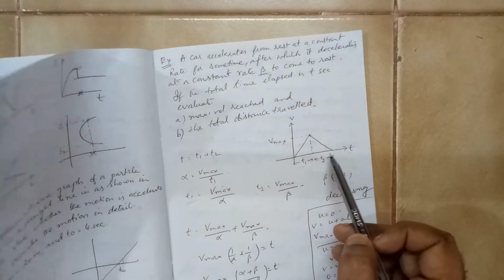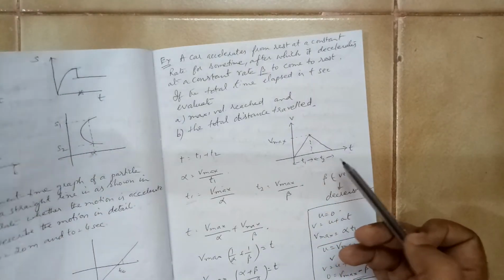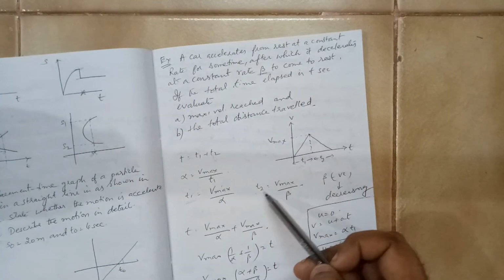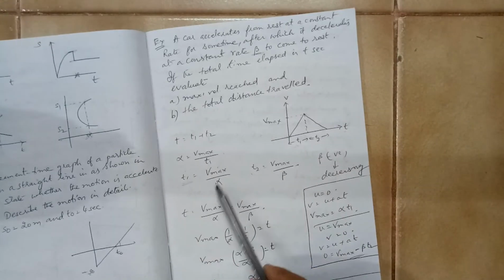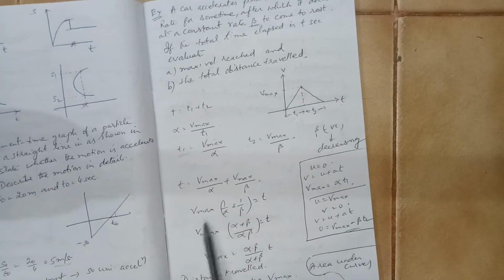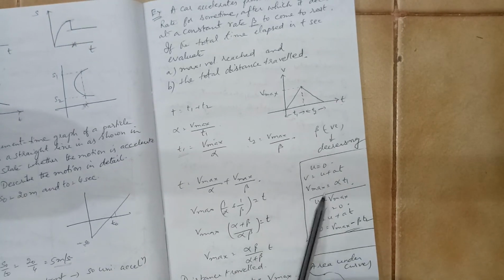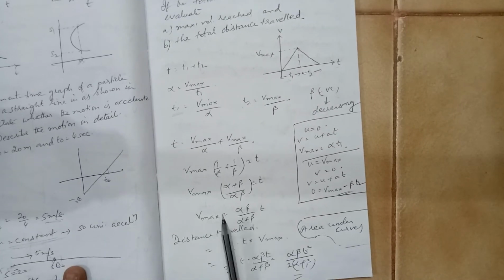The slope is negative, but you cannot take a negative time, so while calculating the time, you have to add these two to get the total time. Taking Vmax common, you get Vmax into 1 by alpha plus 1 by beta is equal to t. From here you can calculate Vmax. Vmax you will get as alpha beta by alpha plus beta into t.